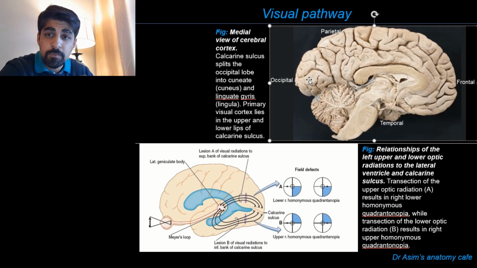But since the visual field is flipped in a vertical axis as well, the lingula is only going to receive visual information from the right visual field, only from its upper half. And we are going to revise these concepts one more time when we talk about the lesions of the visual pathway in much more detail in a subsequent lecture.